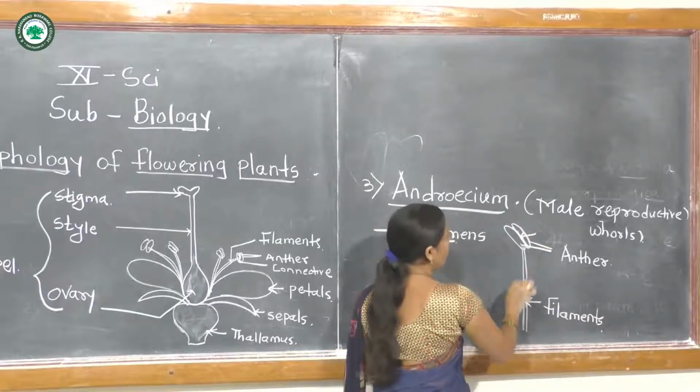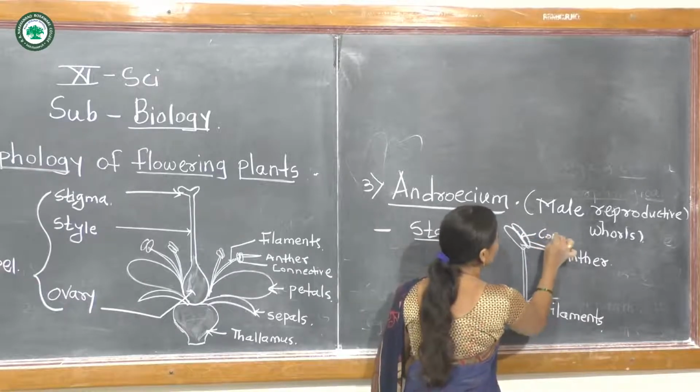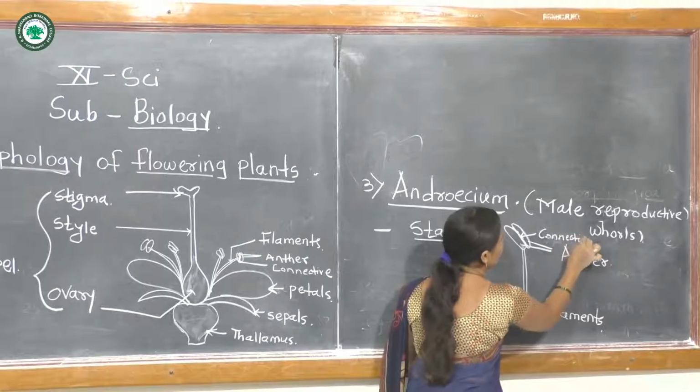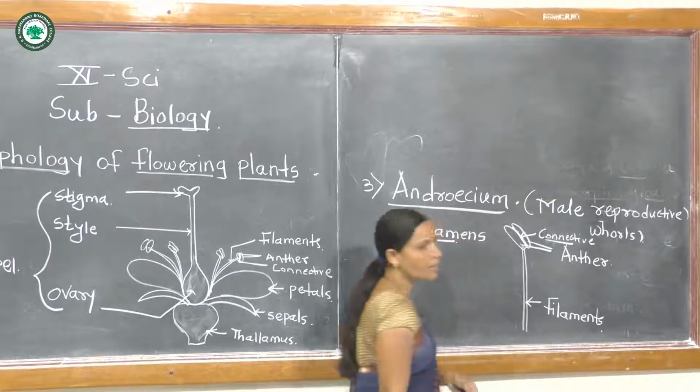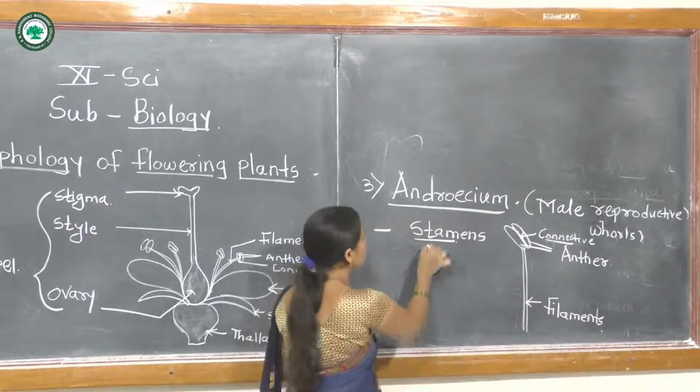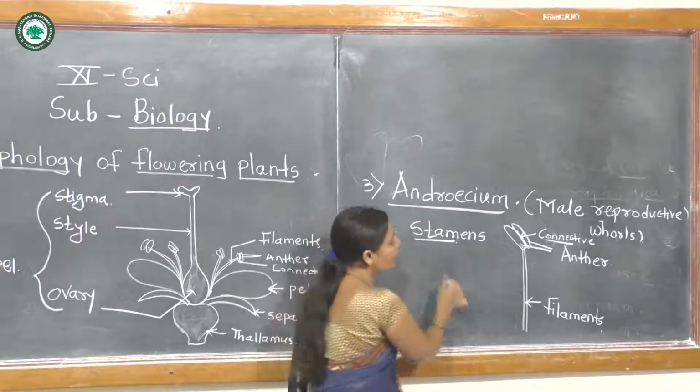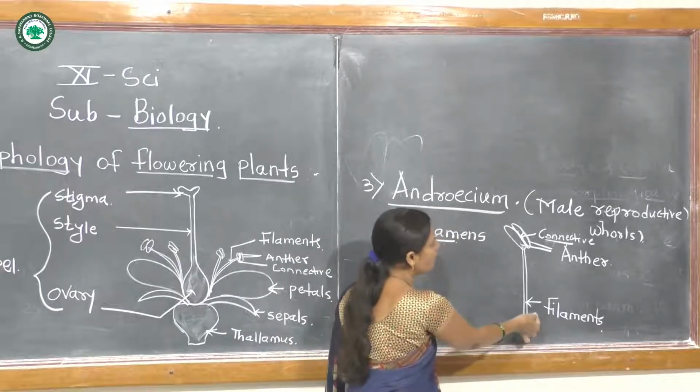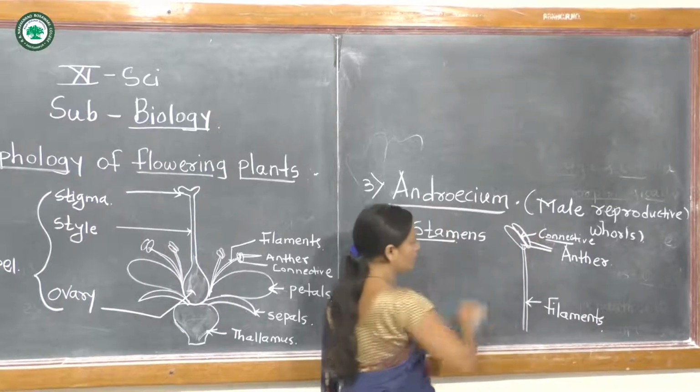This part is called the connective. So the androecium is divided into three parts: the filament, anther and connective.